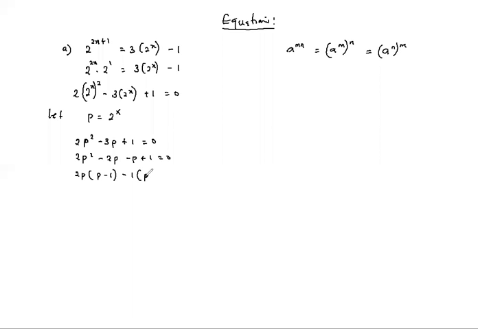Factor out minus 1, so that you have p minus 1 is 0. And so we have p minus 1 and 2p minus 1 is 0. So p is 1, or p is positive half. The p is 1 is 2 to the x is 1. The p is equal to half is 2 to the x is half.